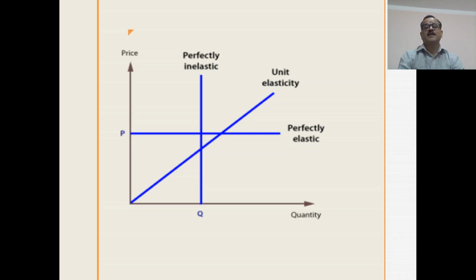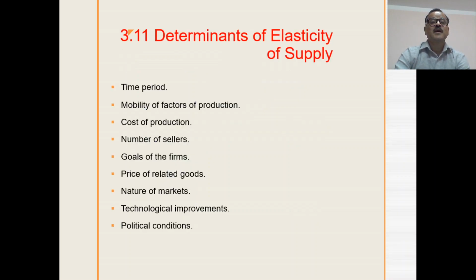And here elasticity greater than unity means if price increases by 20%, supply increases by 30%, that is greater than unity. And less than unity, if price increases by 20%, supply increases by 15%, we say that is less than unity. These are the cases of elasticity of supply.